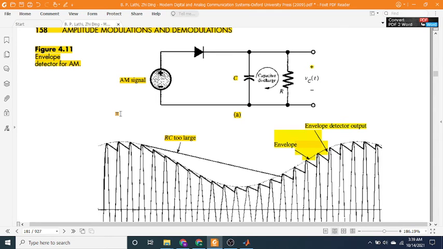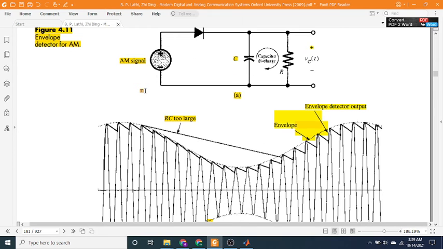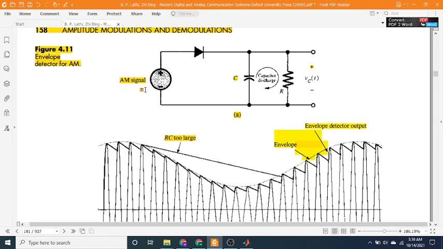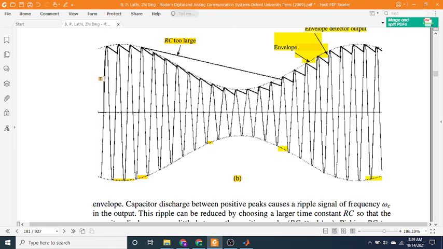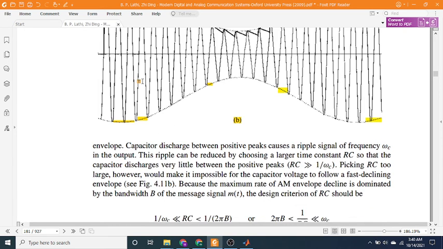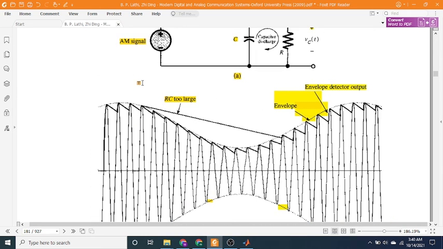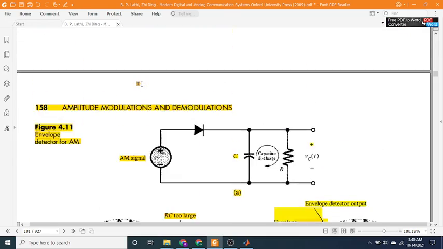Panels show the case of RC too large, and the envelope detector output.